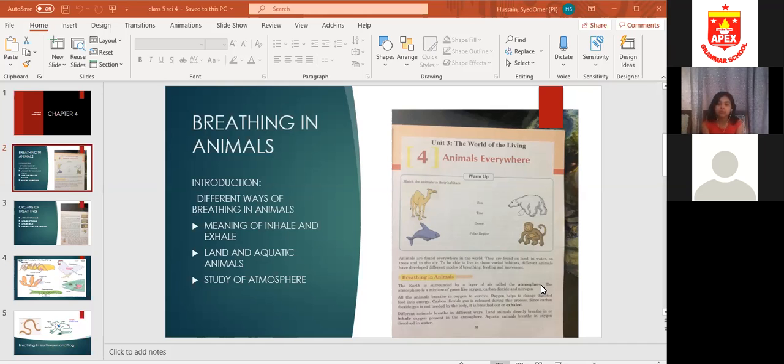Breathe out means exhale. When we breathe out, which gas do we exhale? Carbon dioxide. It's carbon dioxide gas that we breathe out. We breathe in oxygen and we breathe out carbon dioxide.